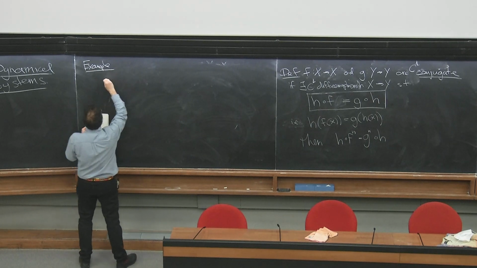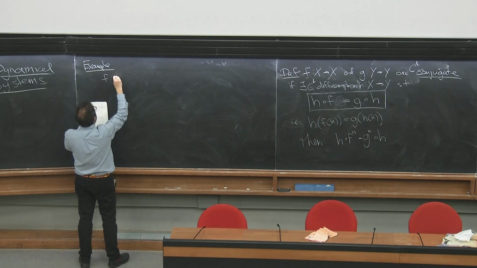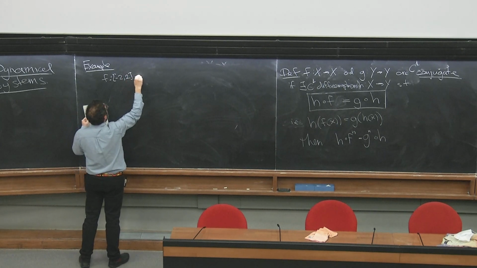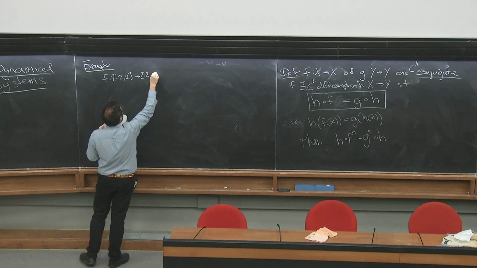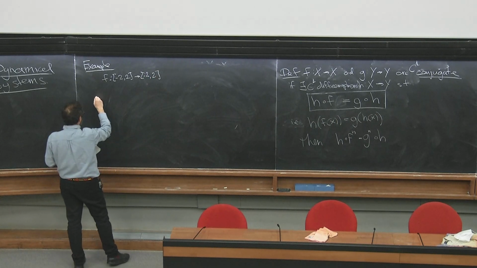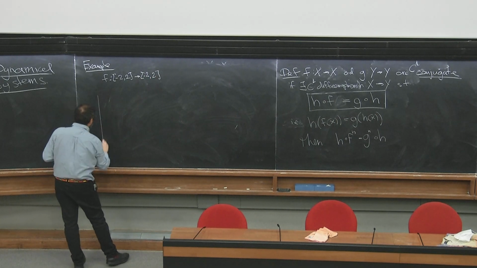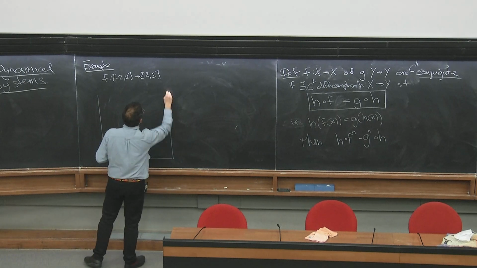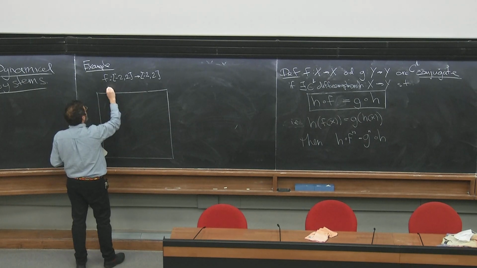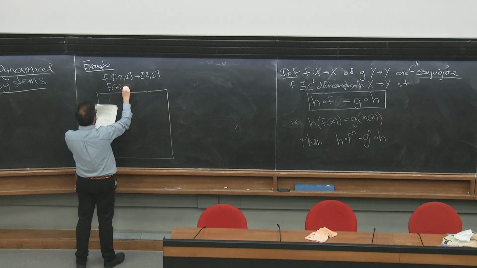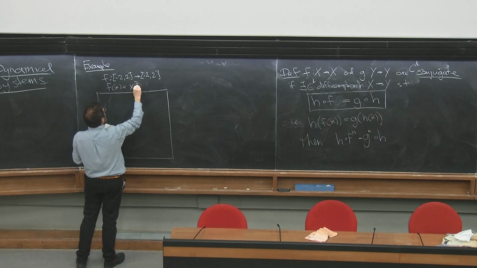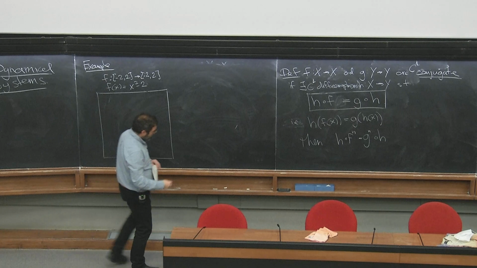I'm going to define a map F from [-2, 2] to [-2, 2], which is going to be f of x equals x squared minus 2.